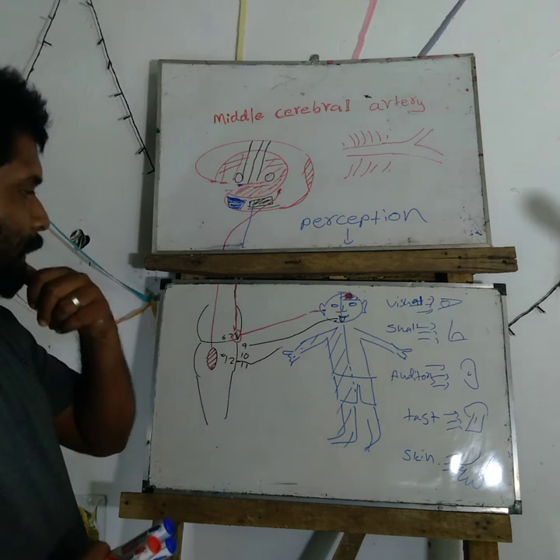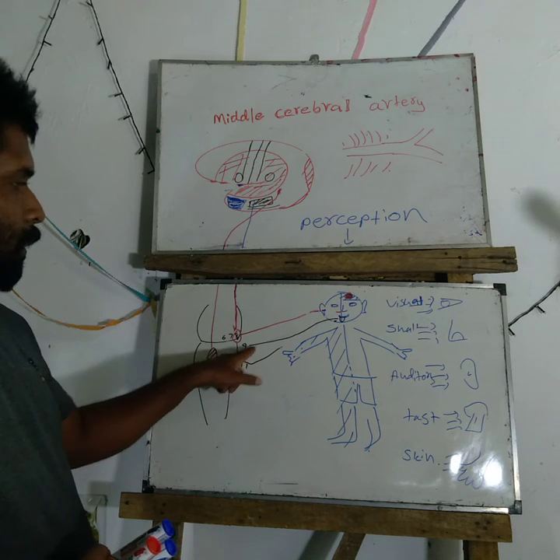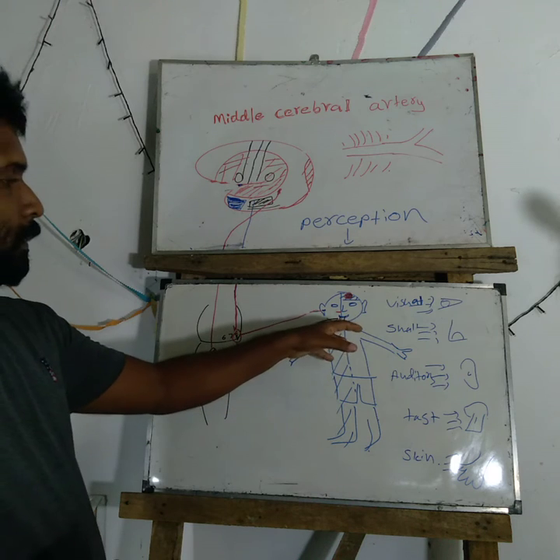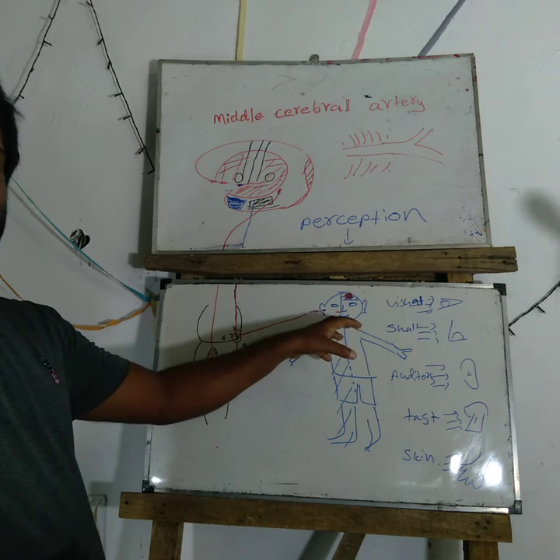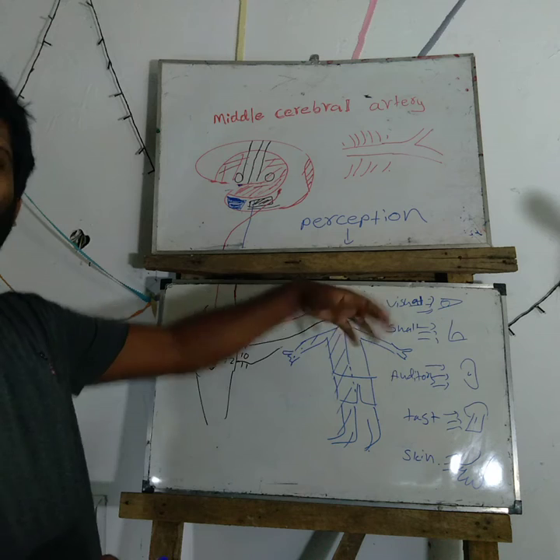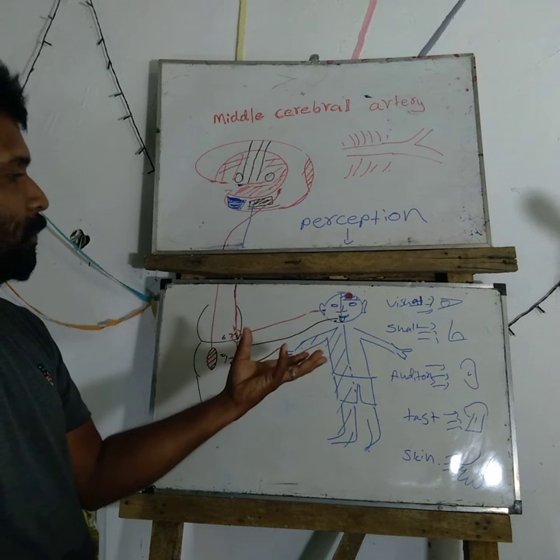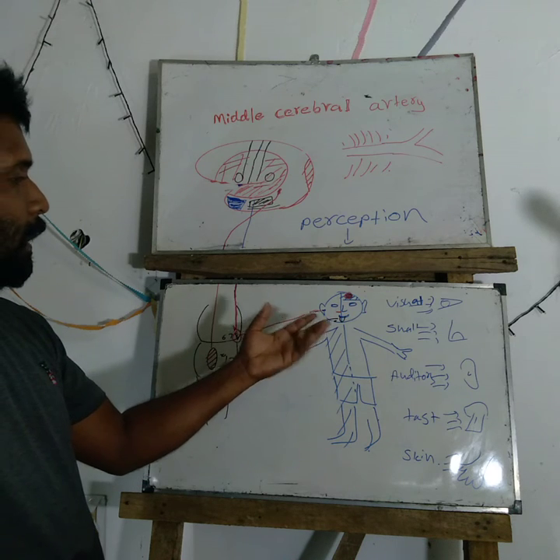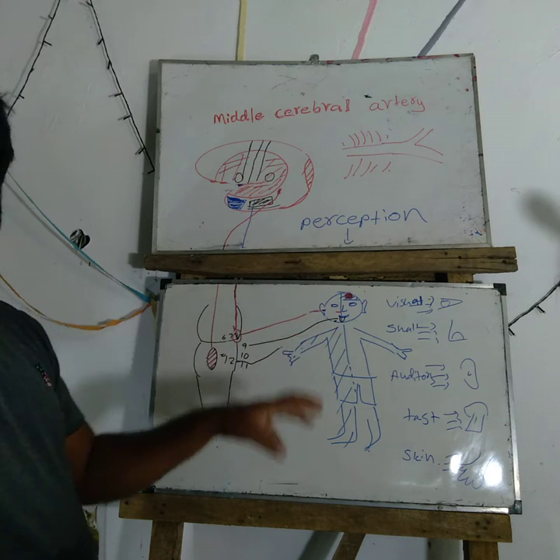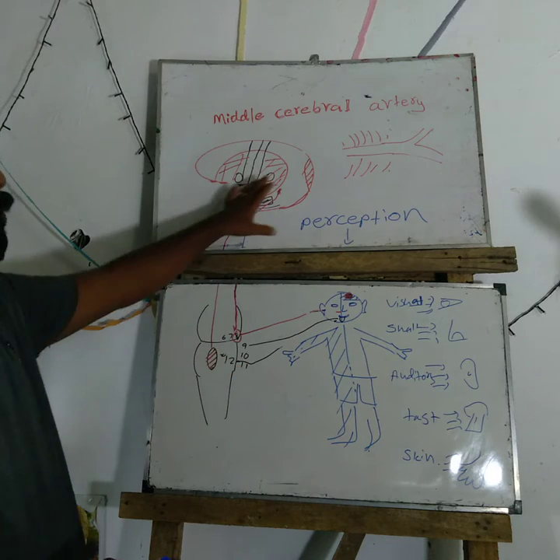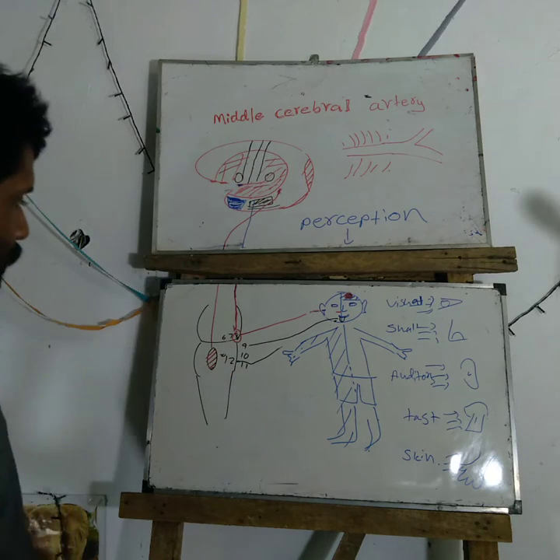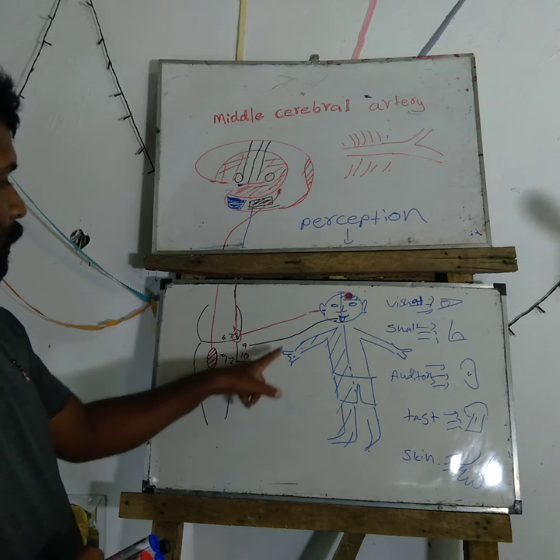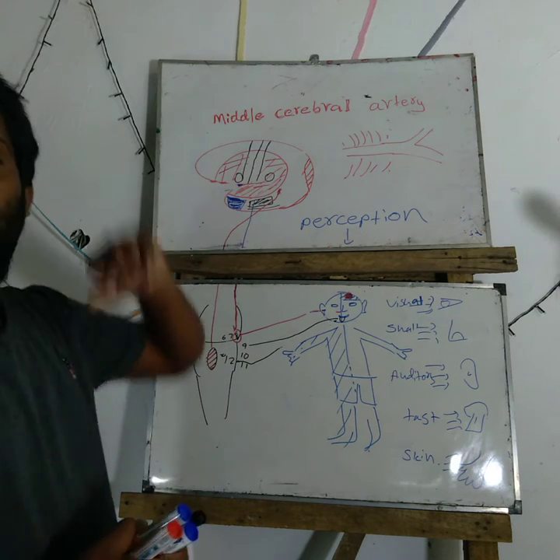The 12th and 9th cranial nerves, the glossopharyngeal and hypoglossal, take the taste of sweet and other several tastes and give them to the brain, and it is installed. This is the tractus solitarius, and it is installed to the brain.